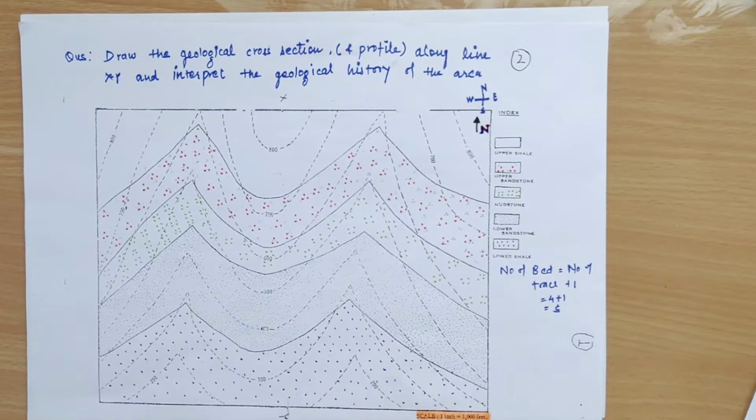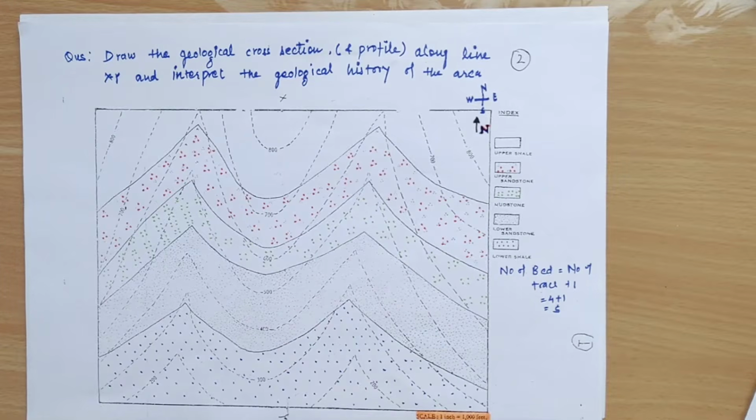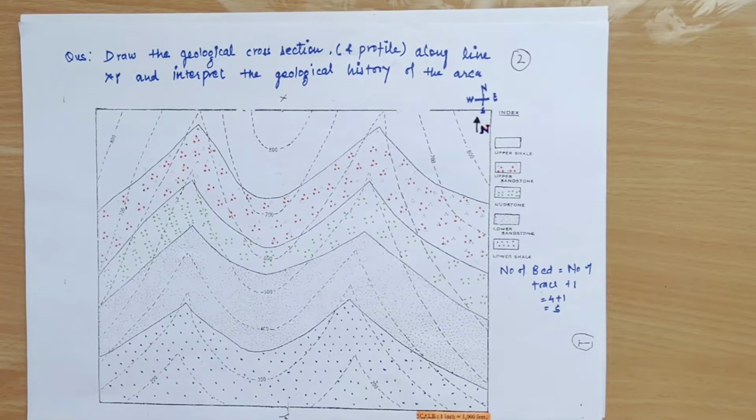Then if the beds are dipping, what is the amount and direction of the dip? We will have to determine it. For that, we will take help of strike lines and we will find out the HE and CI, and then we will determine the dip of these beds.